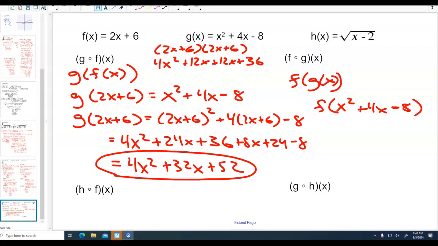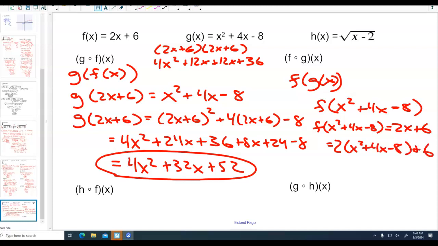So now for my f of x, it's f of x squared plus 4x minus 8 equals 2x plus 6. Wherever I see x, I'm plugging x squared plus 4x minus 8. That's all I'm doing. Wherever I see x, I'm plugging what's in the parentheses.